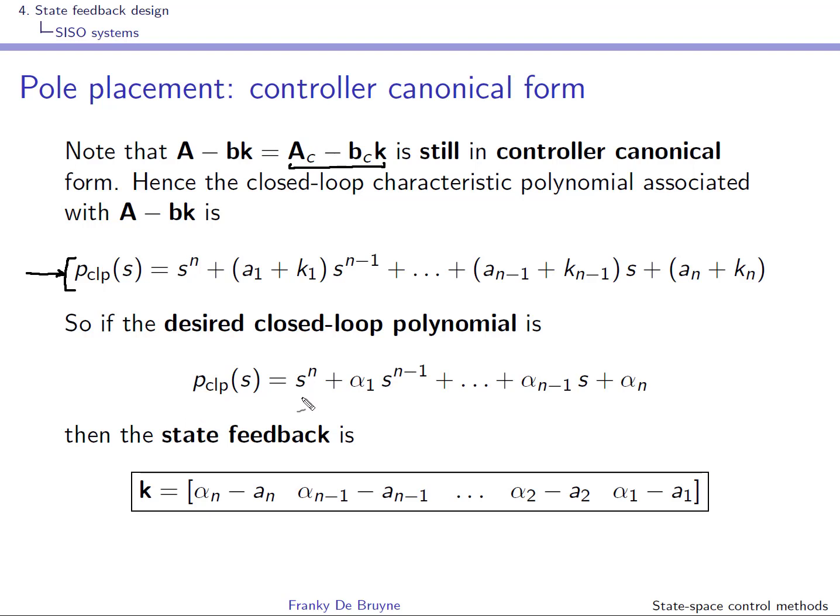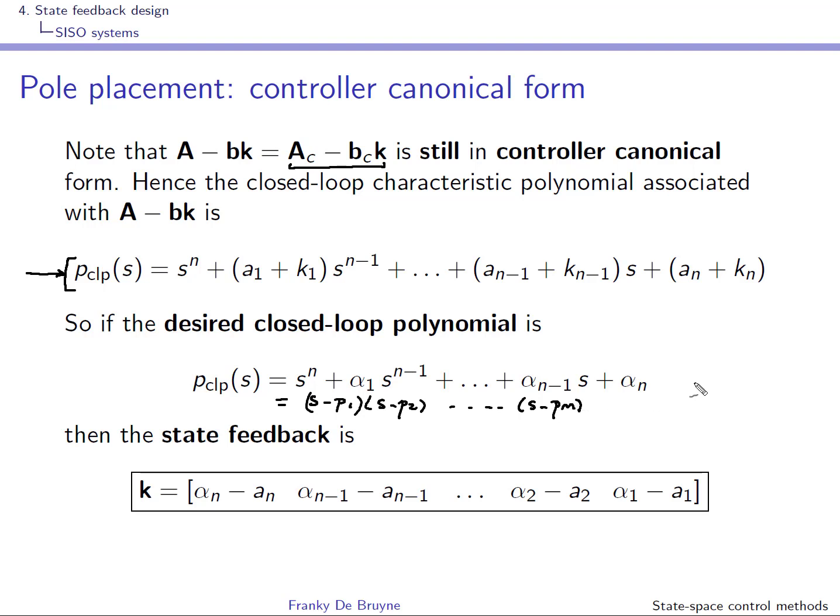But anyway, once we have chosen the appropriate pole locations, you have also constructed a desired closed loop polynomial, because the closed loop polynomial will be (s minus p1)(s minus p2) up to (s minus pn).